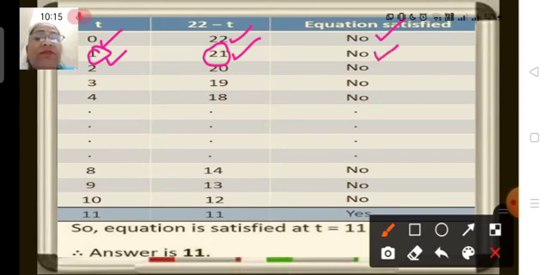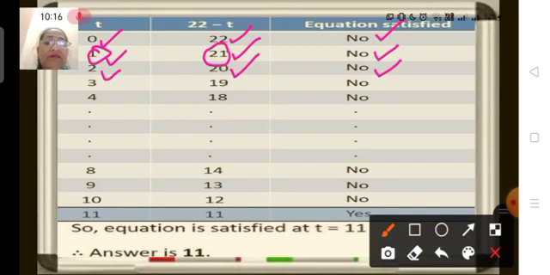Then we'll move on to the next number. We'll take the value of t as 2. If we take t as 2, we'll get 22 minus t as 20. In this case also, the value of 22 minus t and the value of t are not the same. So t equals 2 does not satisfy the given equation.